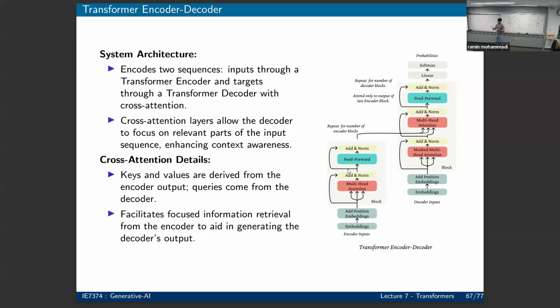Still, if you think about this general decoder, you still do a quadratic calculation, because despite the fact that you don't attend to the future, it's still expensive. That's why the longer the sequence is, the more expensive the attention part. Now imagine you do lots of attention, multiple layers, not just multiple heads. Then that becomes more complex.